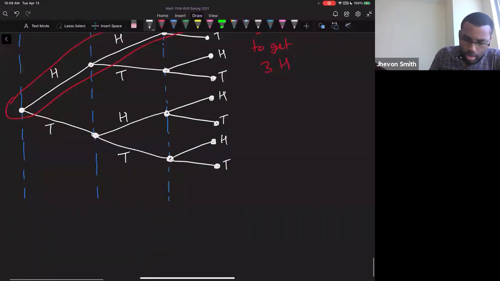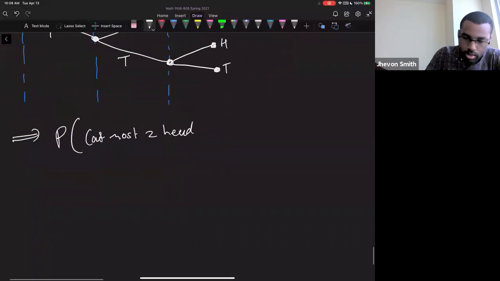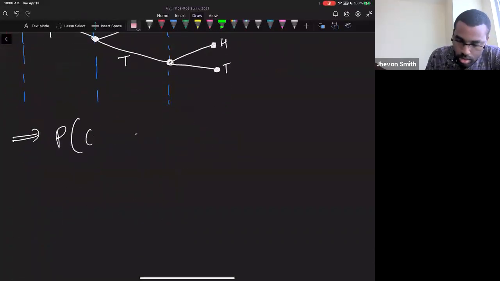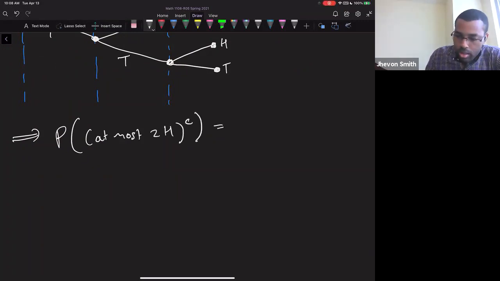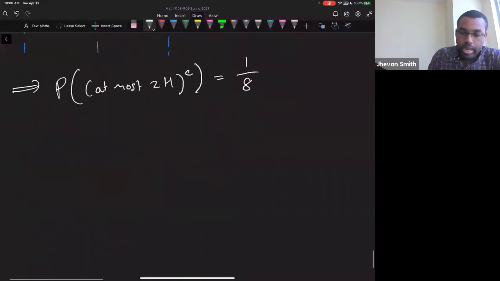So this means the probability of at most 2 heads complement is 1 out of 8, because there's only one way to get that.